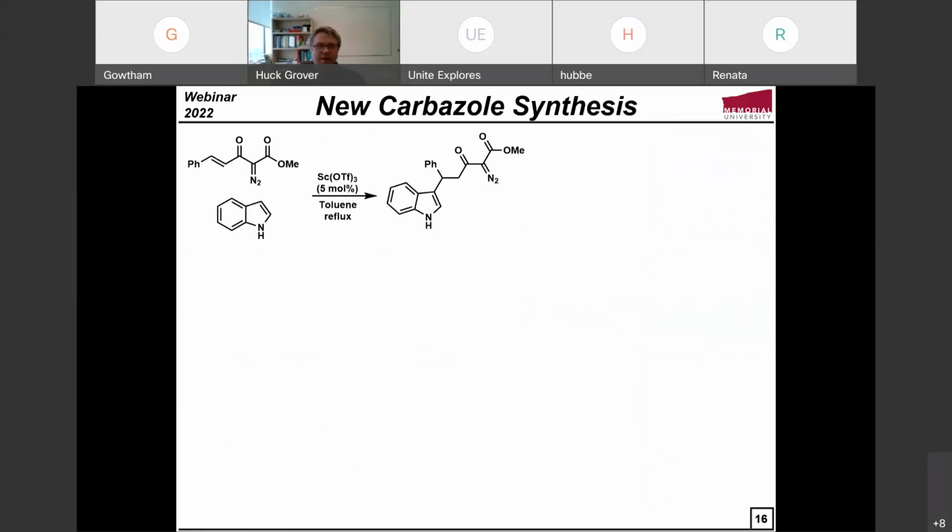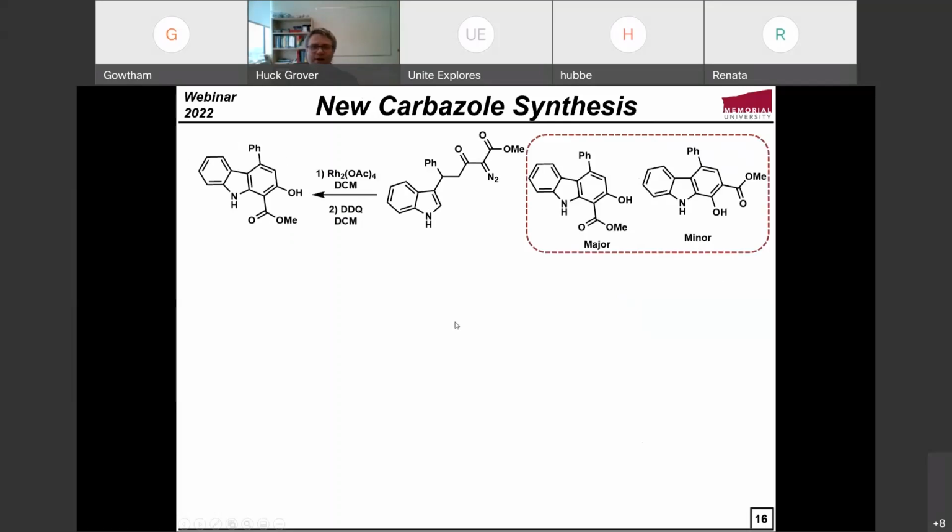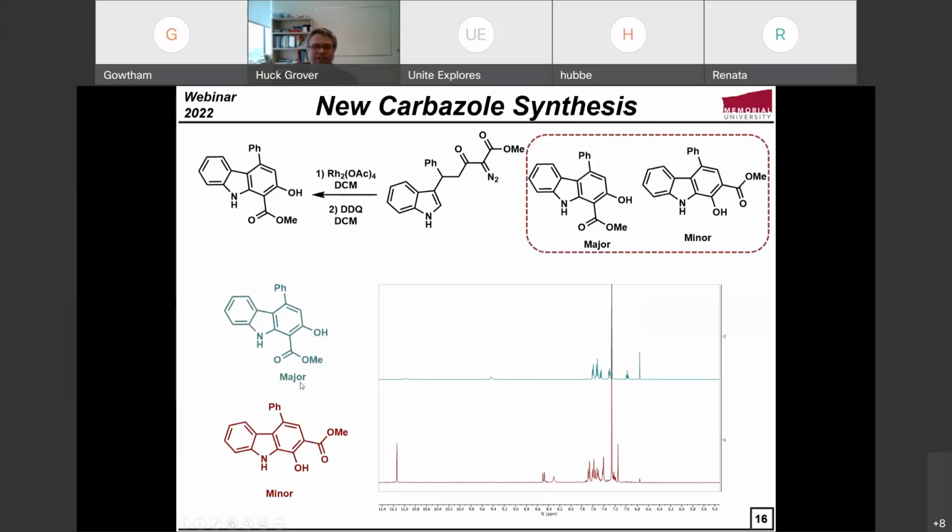And when Seema, who was the grad student, went back to do this, doing the Michael addition under scandium conditions led to the Michael addition product as the major product, but she also noticed two carbazole products forming under these reaction conditions. We were able to prove the major compound by converting the Michael addition product and then oxidizing, and we could check that out by NMR, but we were unsure about this minor product.